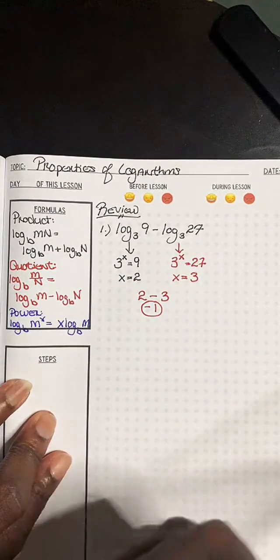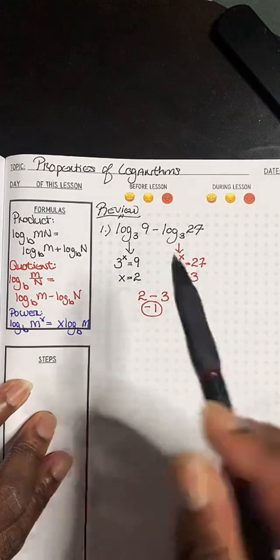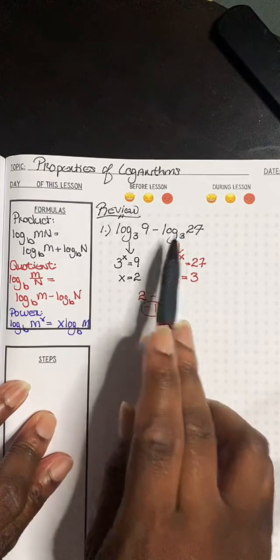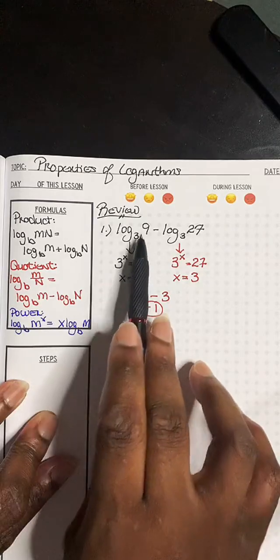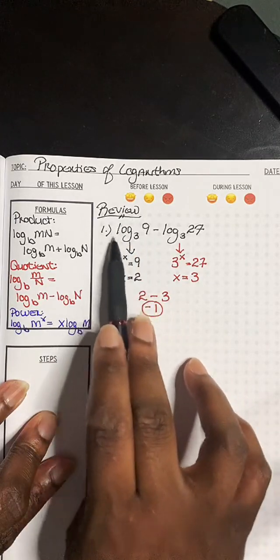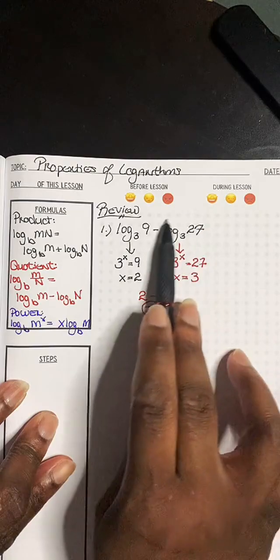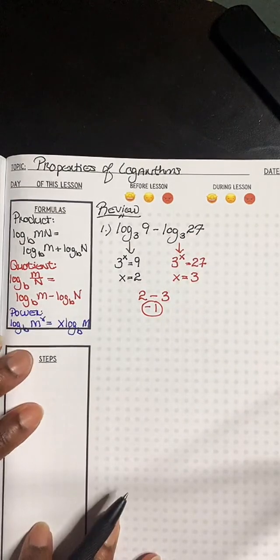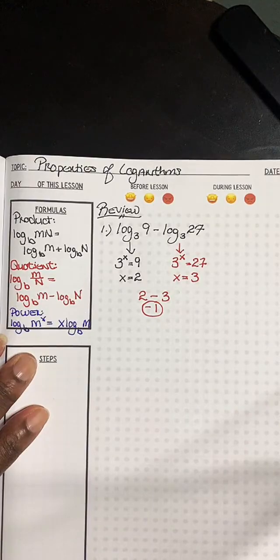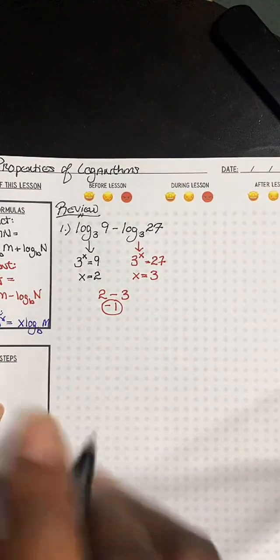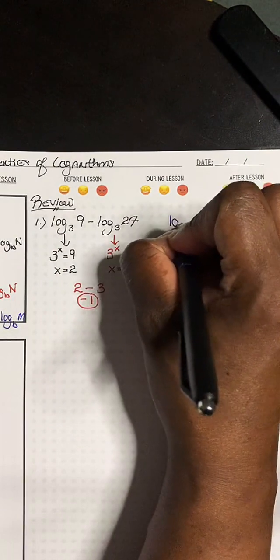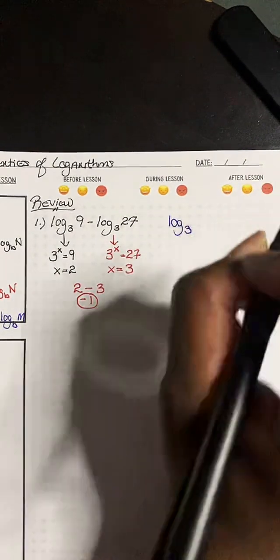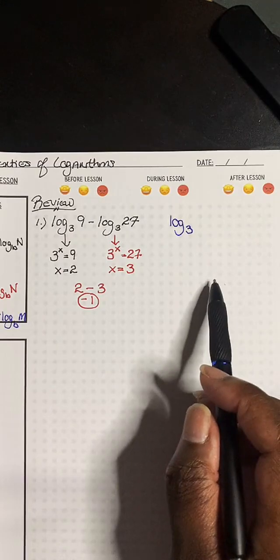Another way of looking at this is, since it's subtraction, we're going to be doing what's called the quotient rule. We take the first log and put it over the second log. They both have the same log base of 3, so this is going to be log base 3, and then you have your m over your n.